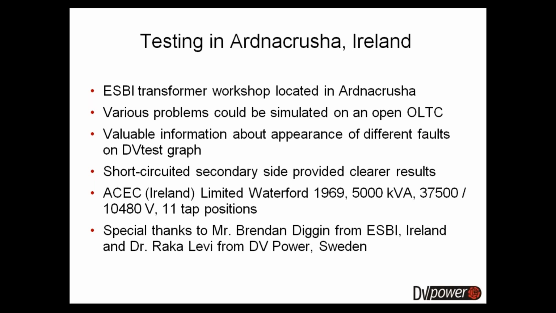Here is a case where a test was performed on an old out-of-service transformer which had an open tap changer compartment on which different issues and different problems could be simulated. So we created a reference graph, then we introduced one problem, recorded a tap changer graph, introduced a second problem, recorded a tap changer graph, and this way we gained a lot of valuable knowledge in order to see what sort of problems can be detected with this method.